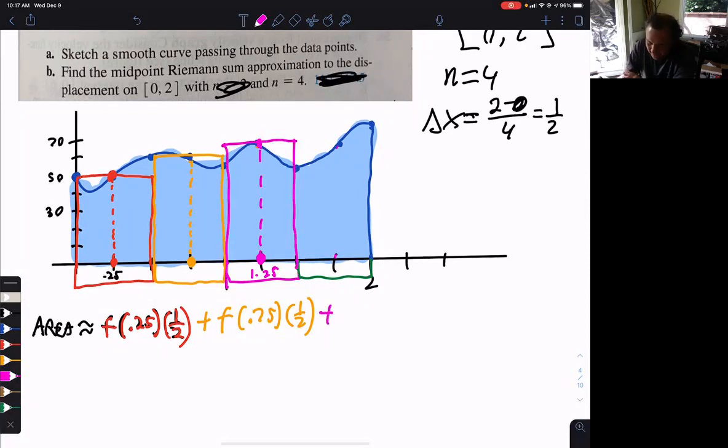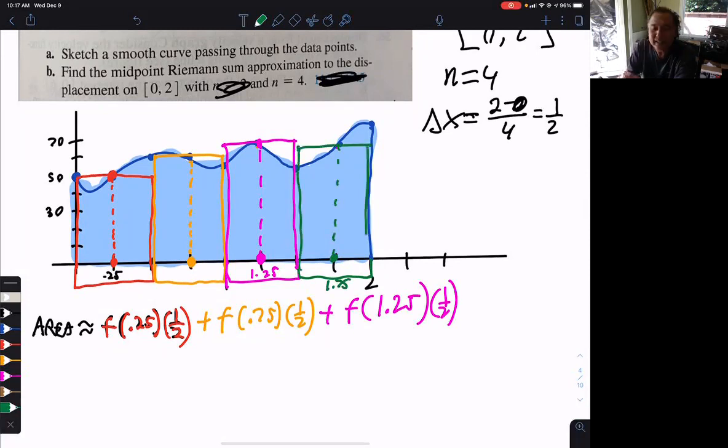So the height is going to be the function at 1.25, and the width again is 1/2. And the last one, the greenie, there's the width. The middle is going to be right there. So that's going to be my middle, which is 1.75. I get the height there. And that is my last rectangle. The height of that is, wow, it's so laggy. Keep watching that. It's going to be at 1.75, and the width again is 1/2.